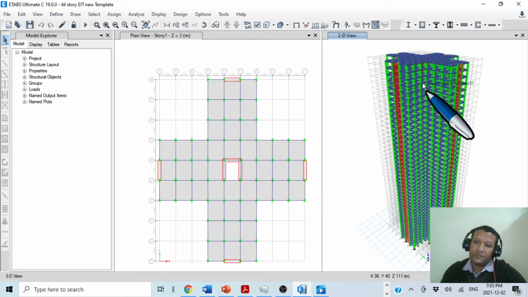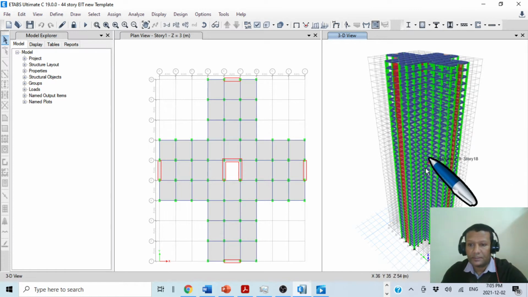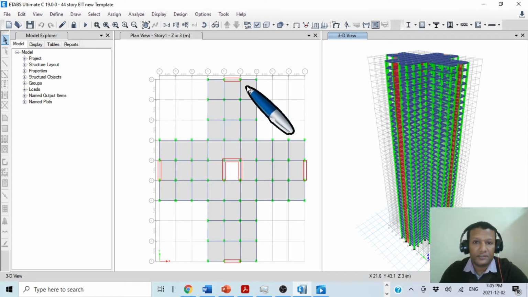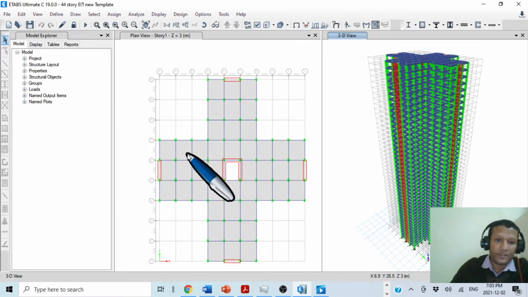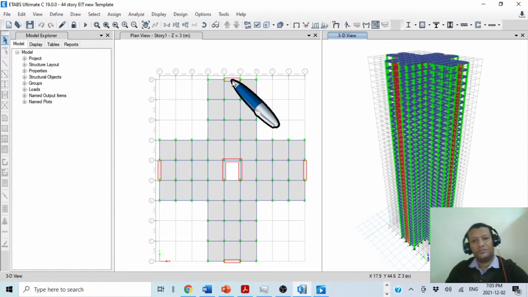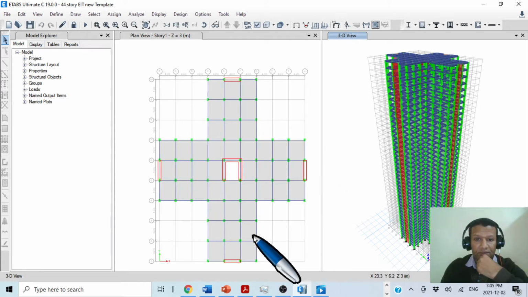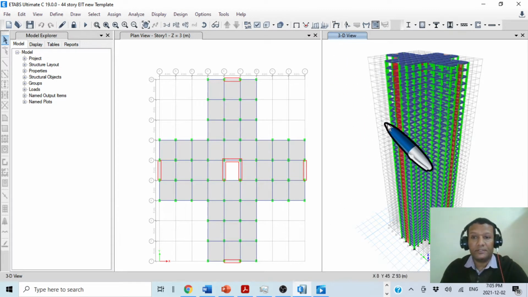As you can see, it is symmetric, and I just use 4 places for the lateral earthquake resistant systems. We have a core hole here for the lift purpose, and it's a regular kind of building, not that difficult.